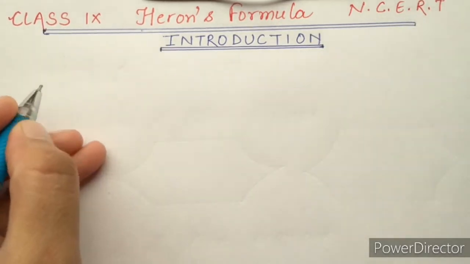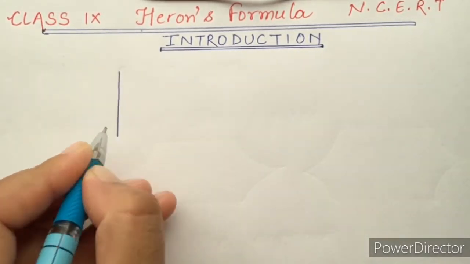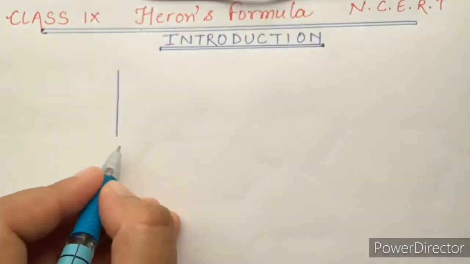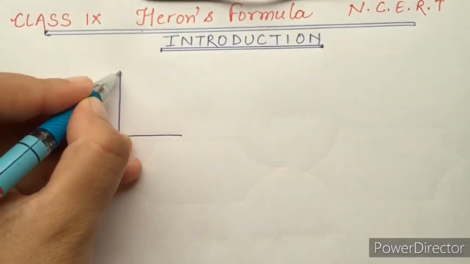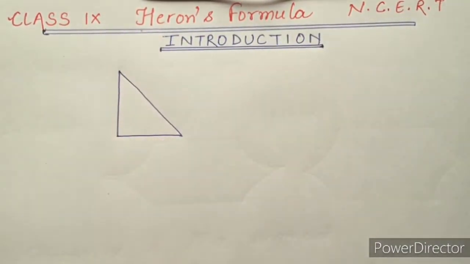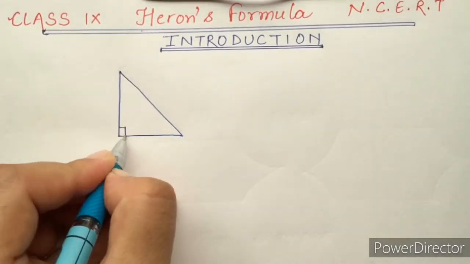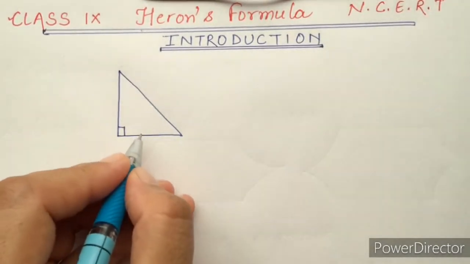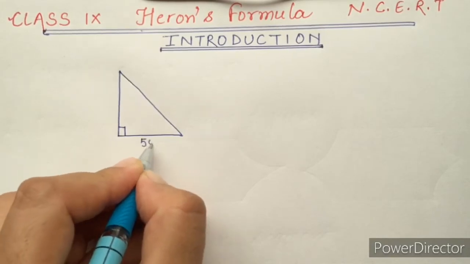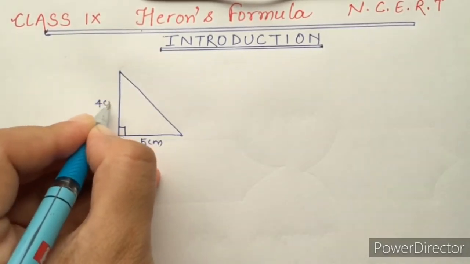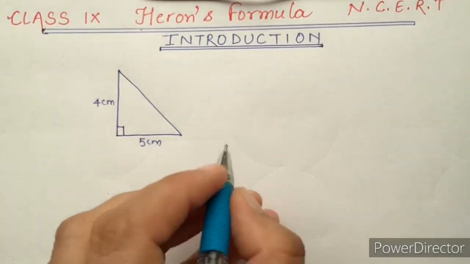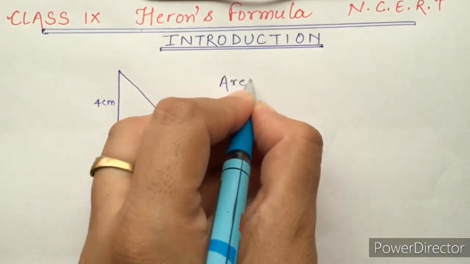Fine. See students, this formula is basically used for finding the area of a triangle. This is a right angle triangle, and if I have to find its area, let us take the base as 5 centimeter and this as 4 centimeter. It is quite easy for us to find the area of a right angle triangle.